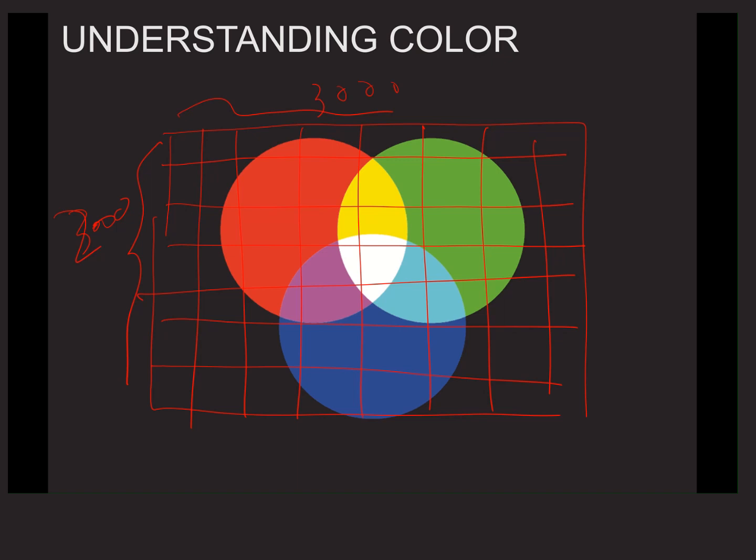Each one is a square, and each square we call a pixel. So in fact, the reason you can see different images on your screen is that we assign different colors to each pixel, and then we can generate an image. That's the idea.